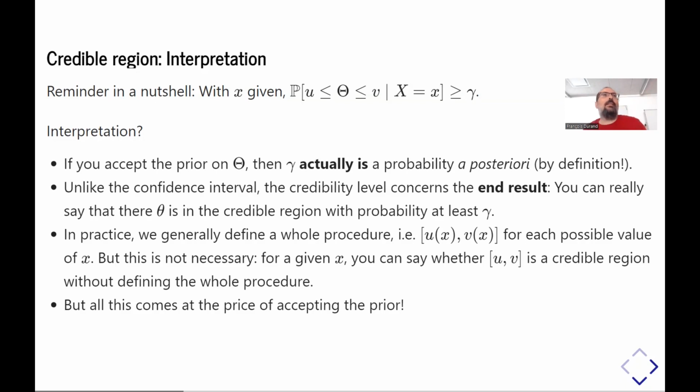Of course, in practice, as you mentioned, we generally define the whole procedure because you just want to do the job in advance and put it in a computer. But in principle, it is not necessary. And the price of all this, because it's very comfortable, since now you really have a probabilistic interpretation at the end, is that you need to accept the prior.